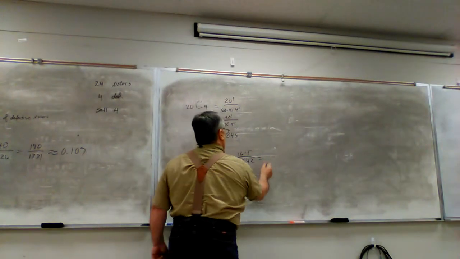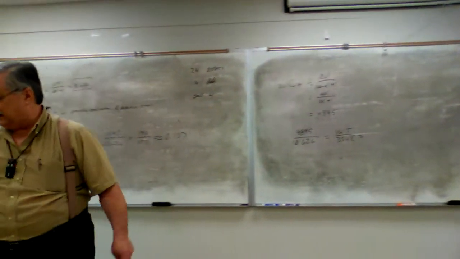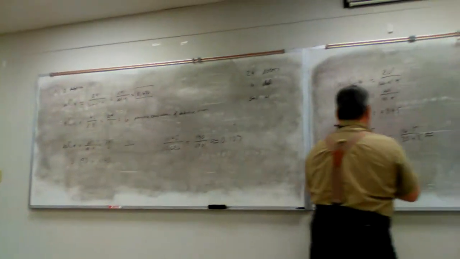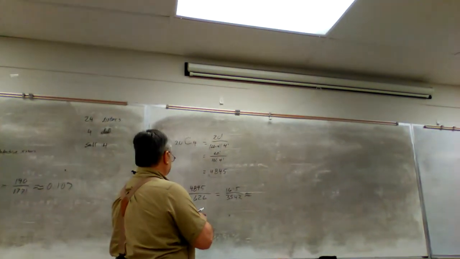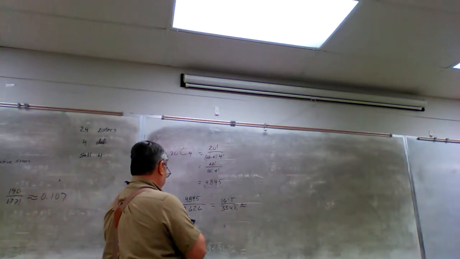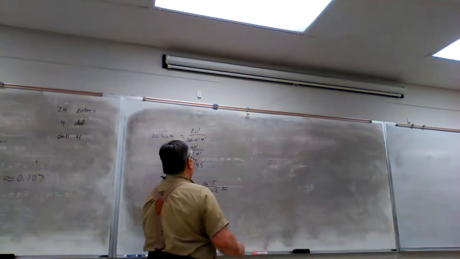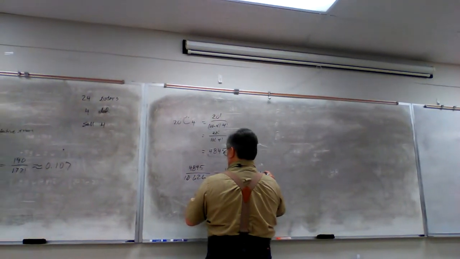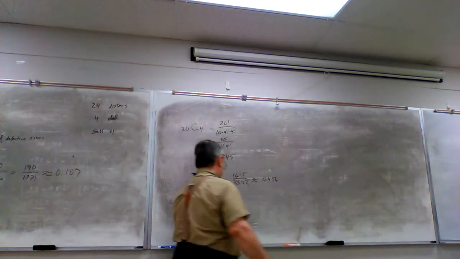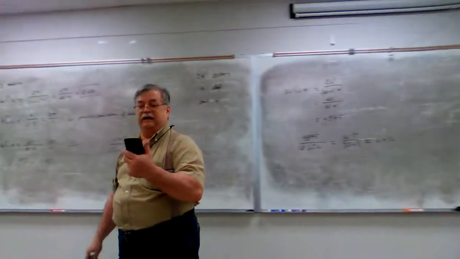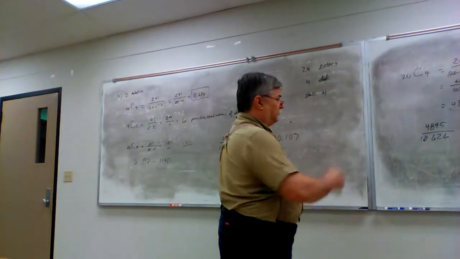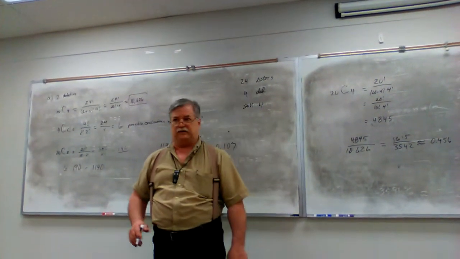Or we could write that in decimal notation as approximately 4845 divided by 10,626, or approximately 0.456, 0.455957086, etc. Or approximately 456 chances in 1,000.